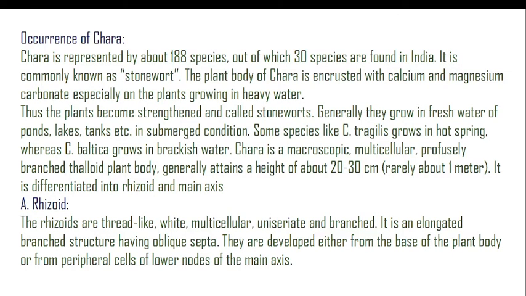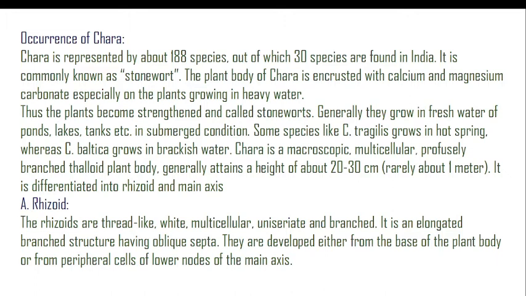So first of all, Chara is represented by 188 species, out of which 30 species are found in India. It is commonly known as stonewort. The plant body of Chara is encrusted with calcium and magnesium carbonate, especially on plants growing in heavy water.